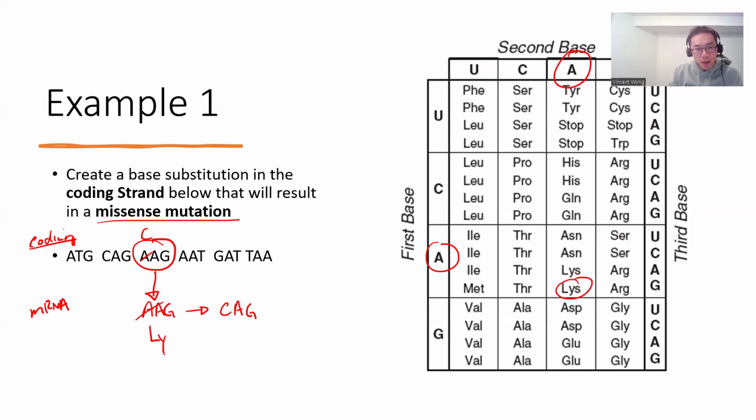That's going to be LYS. And then we look up CAG. That's going to be GLN. So that's how you create a missense mutation. You just change the first letter, basically.